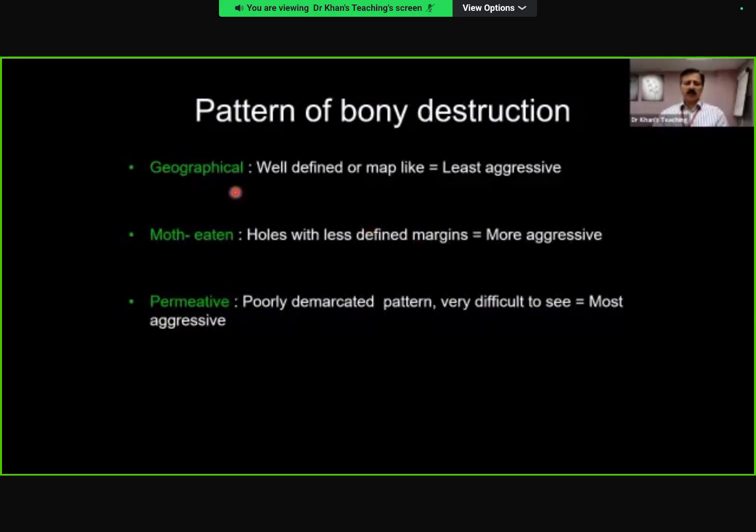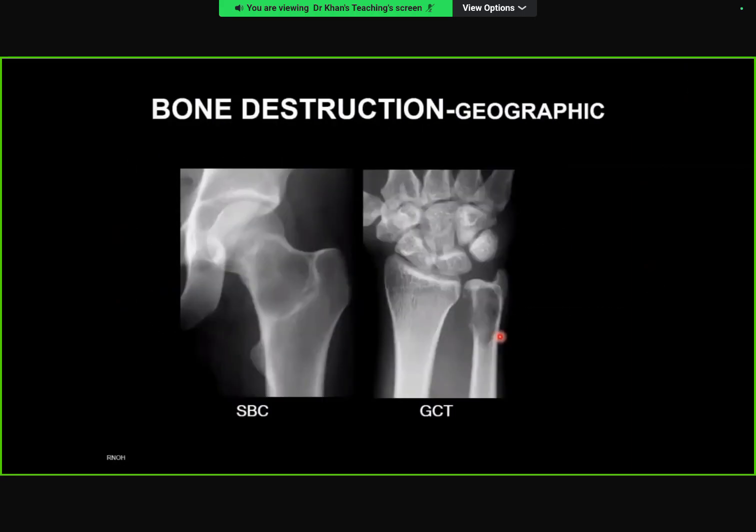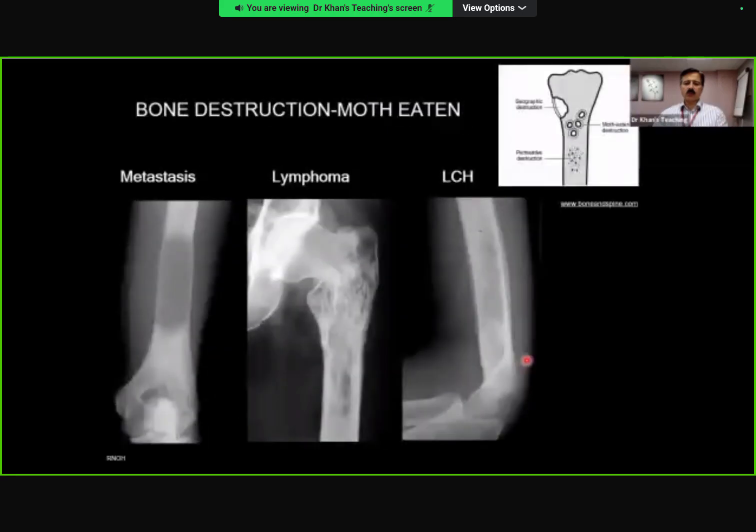The geographical pattern is least aggressive, moth-eaten is more aggressive, and permeative is the most aggressive. So these are examples of geographical bony destruction: simple bone cyst and a giant cell tumor.